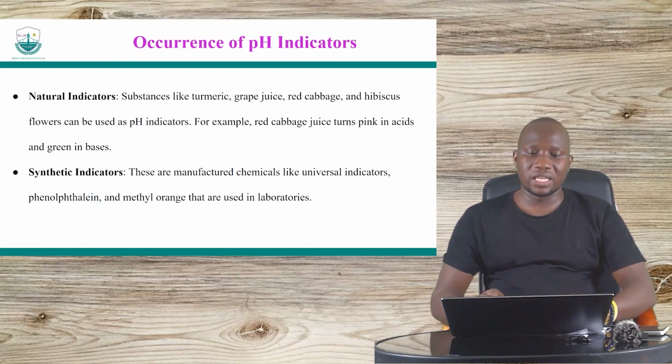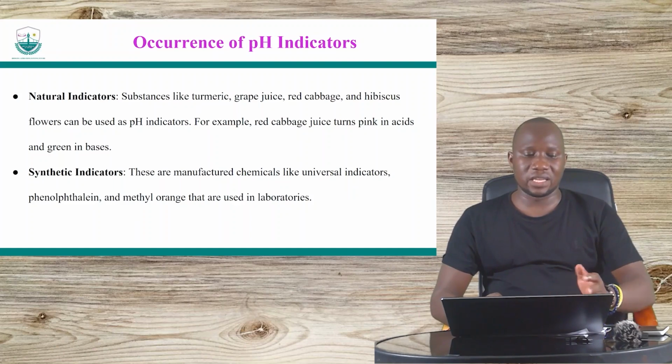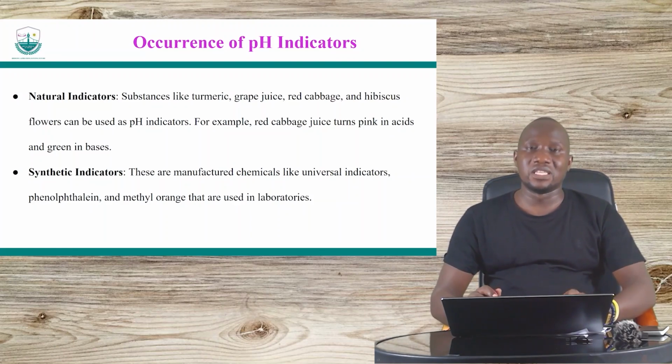Natural indicators are quite many: hibiscus flowers, red cabbage, red leaves. Those are naturally occurring indicators, and then we have synthetic ones: universal indicator, phenolphthalein and methyl orange. These are the ones you commonly find in your lab.